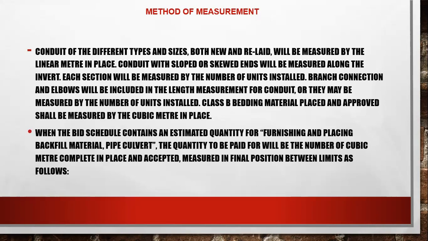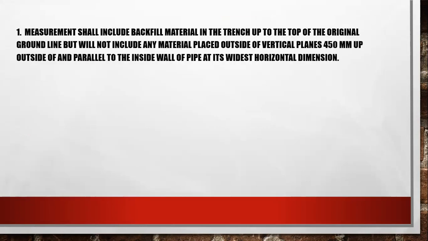When the bid schedule contains estimated quantities for furnishing and placing backfilling material, the pipe culvert bid prices apply. First, the measure shall include backfilling material in the trench up to the top of the original ground line, but will not include any material placed outside of vertical planes 400 mm outside and parallel to the inside wall of the pipe at its widest horizontal dimension.